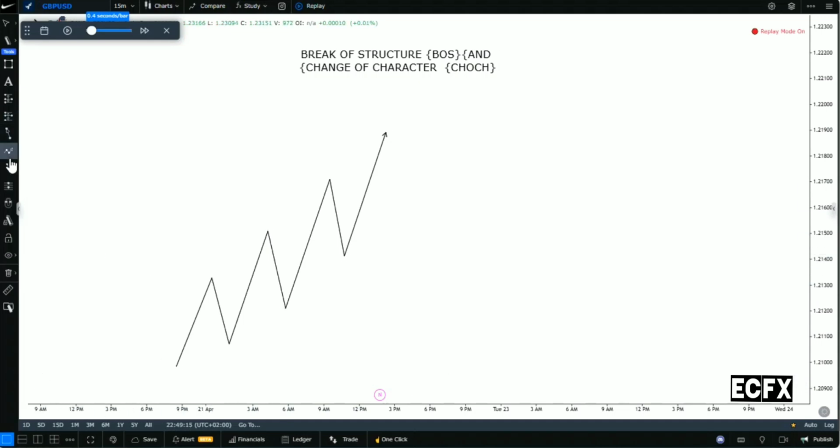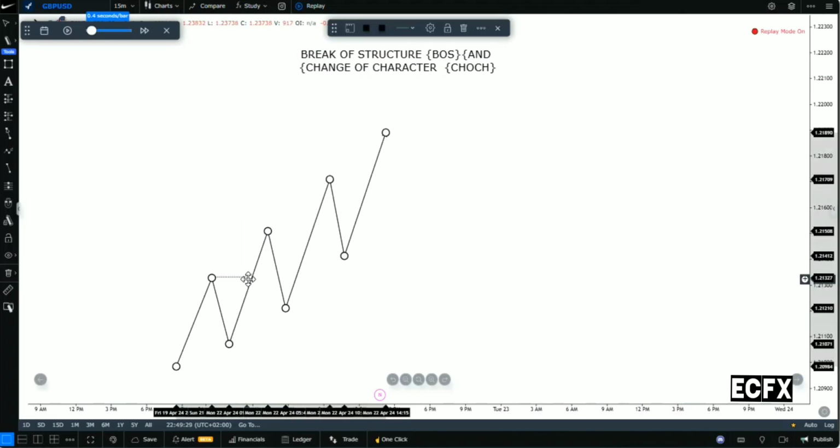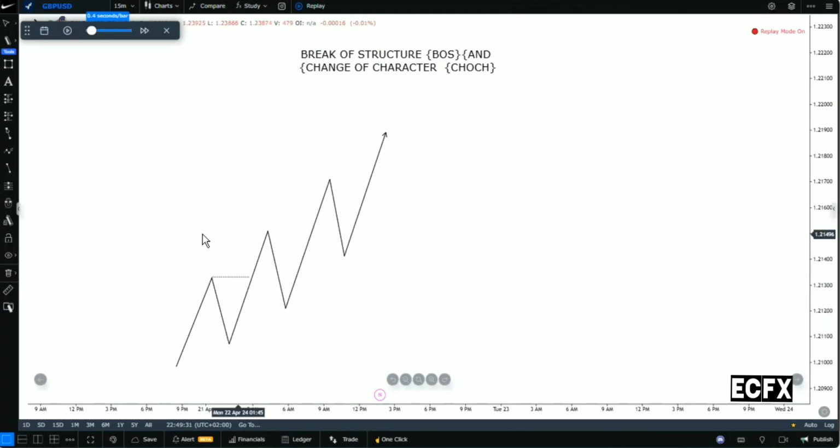How we identify a break of structure is only if price has taken out the previous high, like so. Only if price has taken out the previous high can we identify a break of structure or a change of character, right?